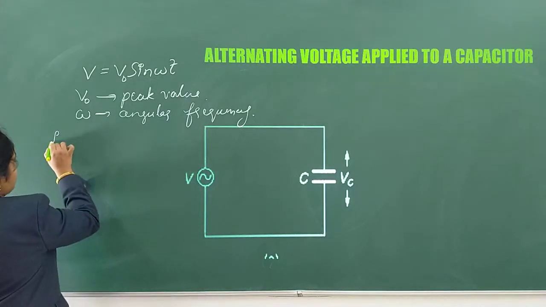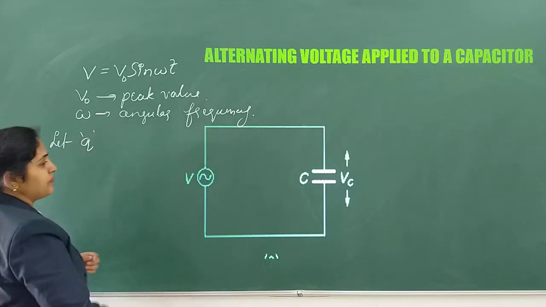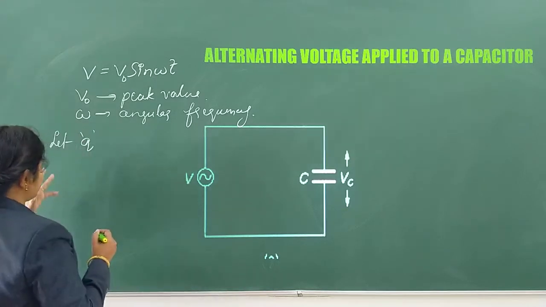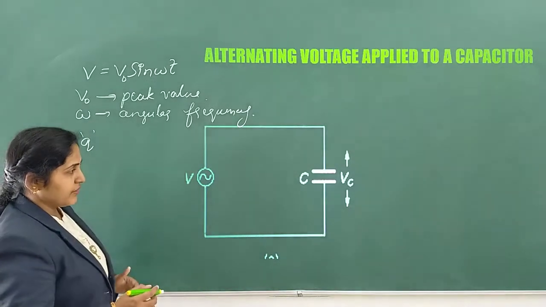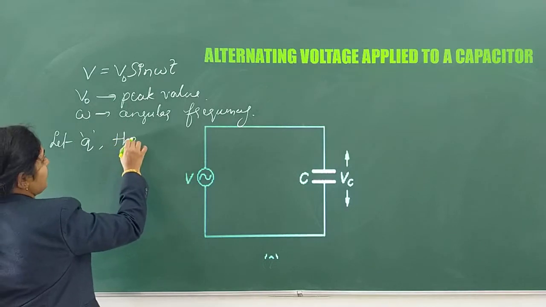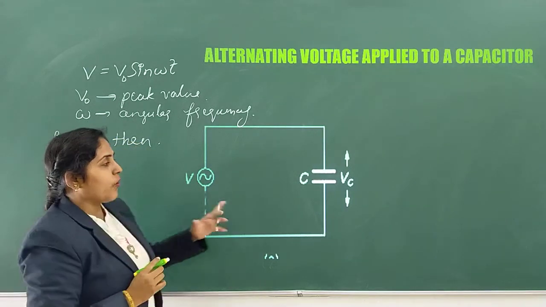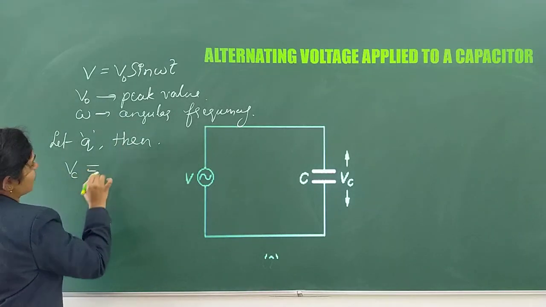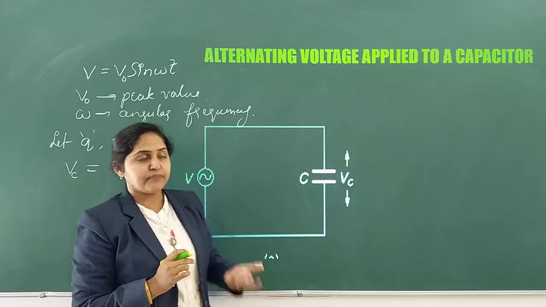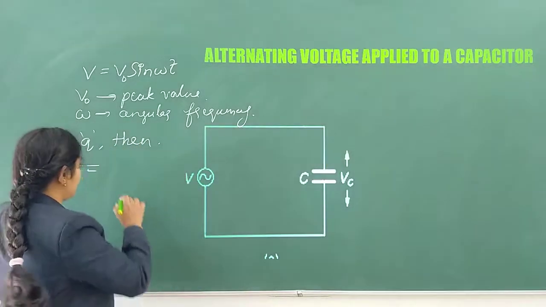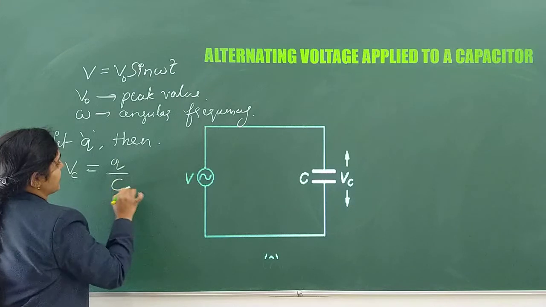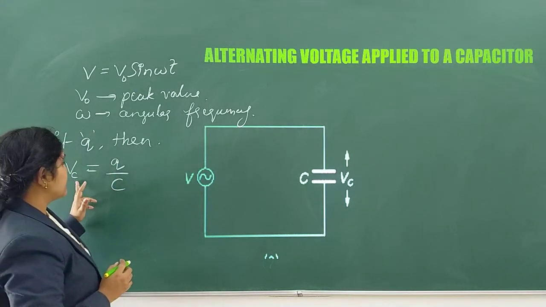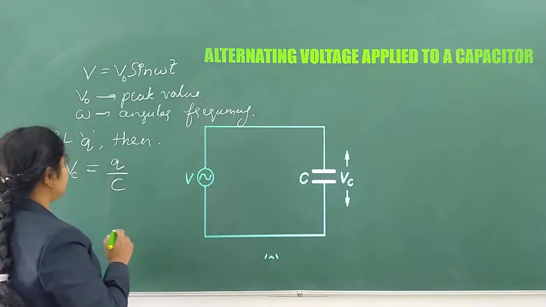Now let Q be the charge of the capacitor at any instant of time. Then the voltage across the capacitor, that is Vc, is given by charge divided by capacitance, Q by C.